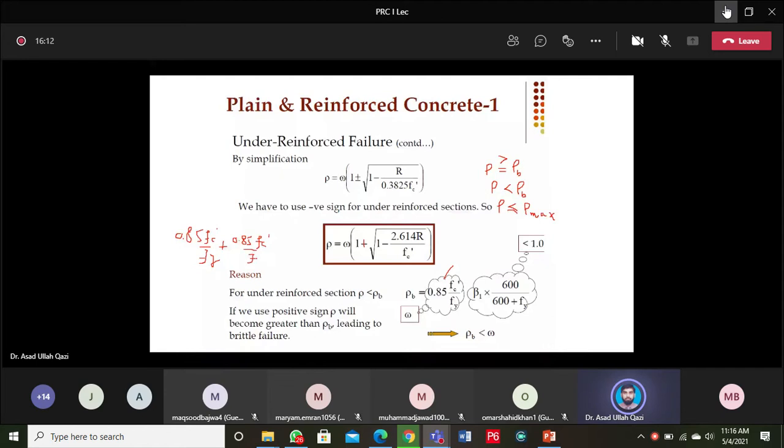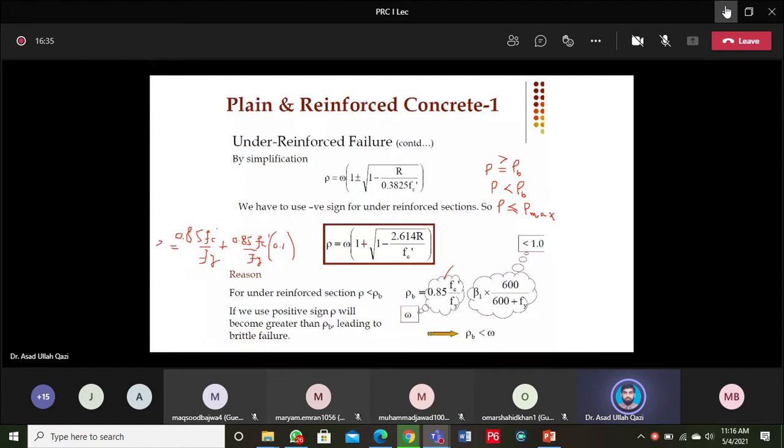So let the answer comes out to be, suppose 0.1 or 0.01, any value, but it will be above 0. So it will not be on the negative side. So this means the outcome of rho.